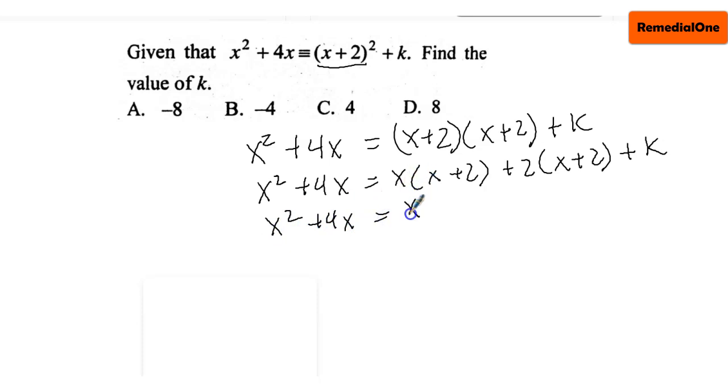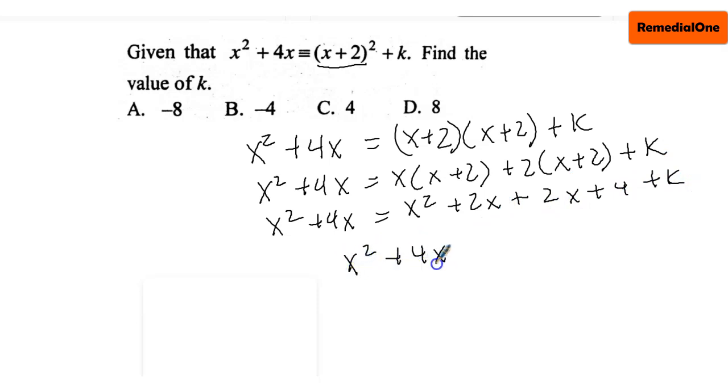So here you multiply it out, you get x squared plus 2x plus another 2x, then plus 4, and then plus k. You combine like terms. So here you get x squared plus x equals to x squared plus 4x plus 4 plus k.